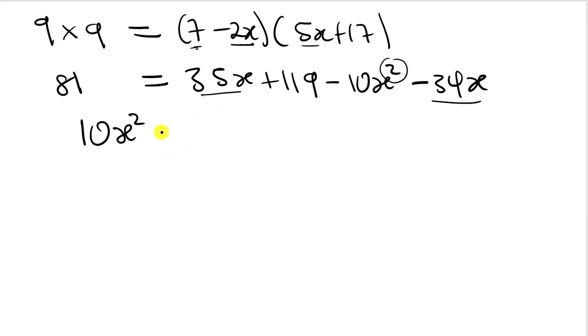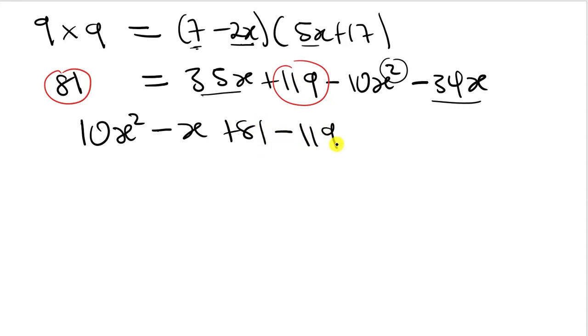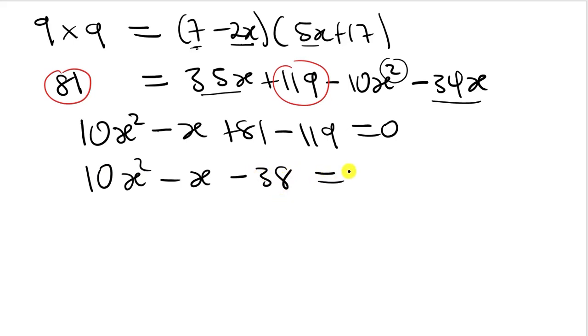When we transpose that, it gives us minus x. And then we have positive 81 here, and this one too is positive 119. Shifting the 119 to the other side, we have positive 81 minus 119, and everything will be equal to 0. And this ends up giving us 10x squared minus x minus 38 being equal to 0.